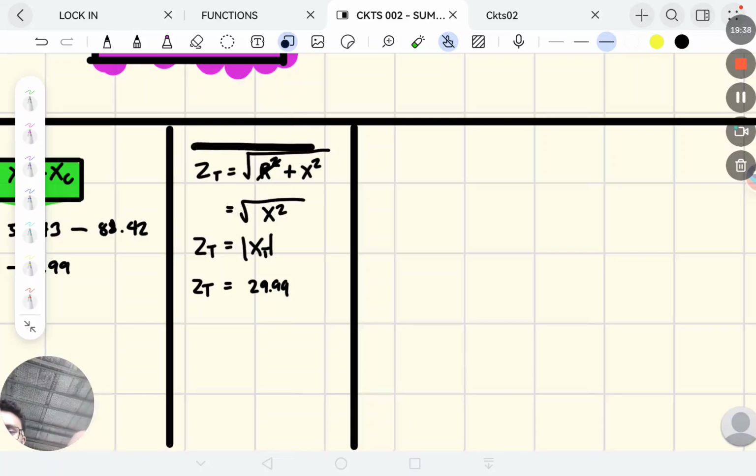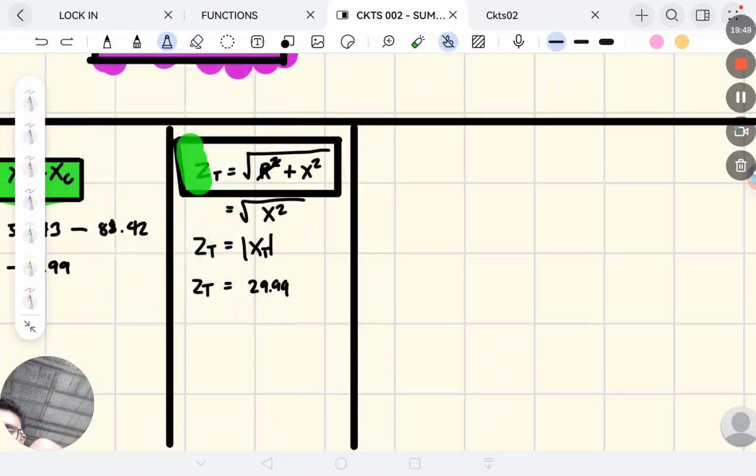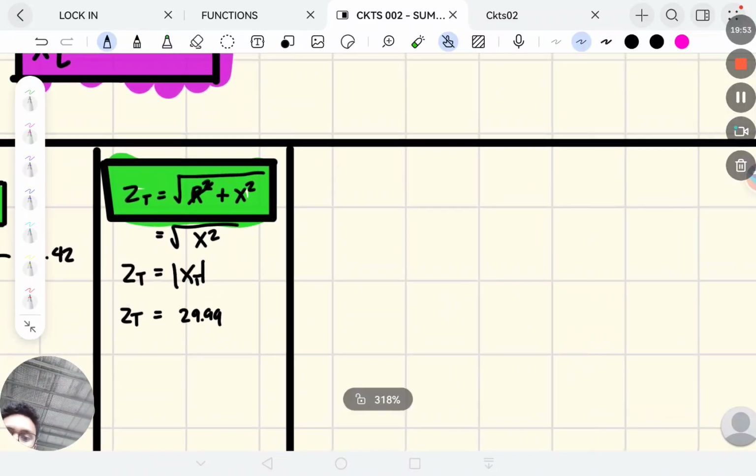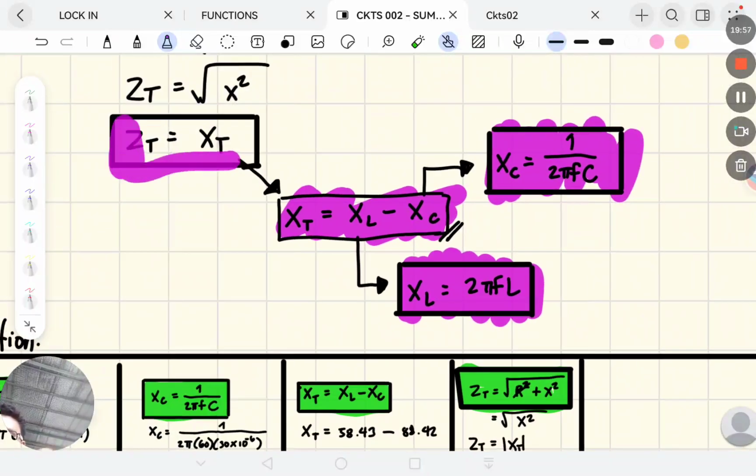Ito pala natin formula, guys. Total impedance yan. So we are done finding the total impedance.